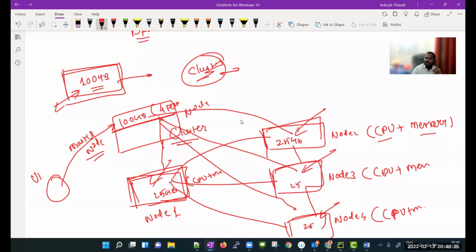Because the master node has the metadata information, and the one that has metadata information we call the name node. The ones actually storing your data we call data nodes. So these are data node 1, data node 2, data node 3, and data node 4.